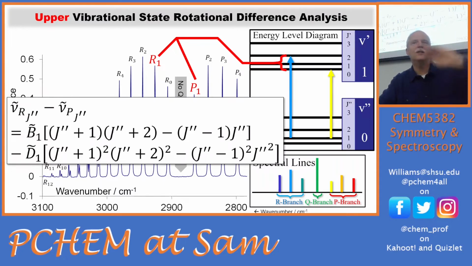But because we're only looking at the rotational differences in those upper levels, we're not really able to separate the tiny amount of the alpha interaction from this rotational constant interaction because of the differences that we're taking.